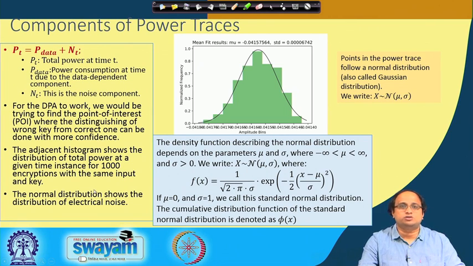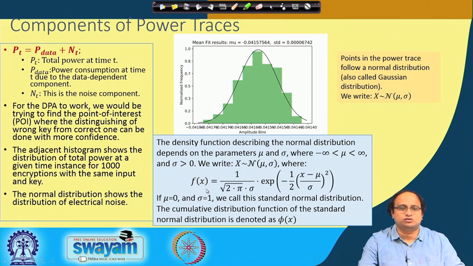You can observe that the normal distribution is quite evident. You see that there is a nice normal distribution where you can fit your histogram. The green bars are the histograms, and we have fit a normal distribution to it. This normal distribution shows the distribution of electrical noise, and just to recapitulate, this is how a normal distribution looks like.